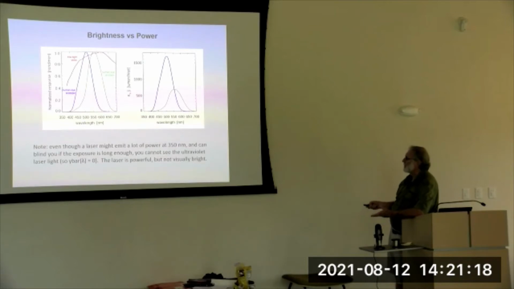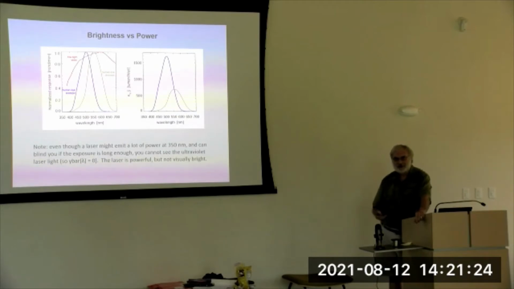Here's a question. If you're looking at, let's say, a 350 nanometer laser, what do you see? Shine this ultraviolet laser in your eye. What's it look like? Don't actually do that. Thought experiment: what would you see?